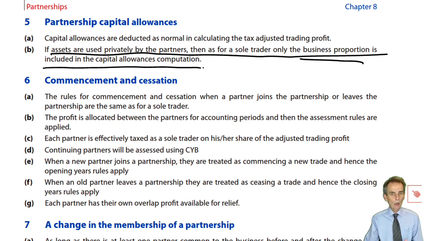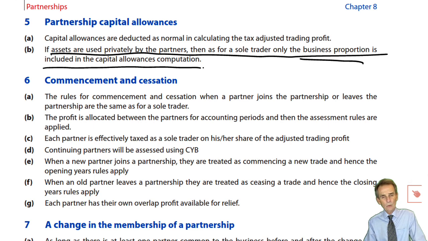Now, once you've got that tax adjusted trading profit, as we've seen with the previous example, example 1, we then divided that figure between the partners using the agreement in force during the accounting period. And the only thing that made that division a little bit more interesting was the fact that the agreement changed partway through the accounting period.